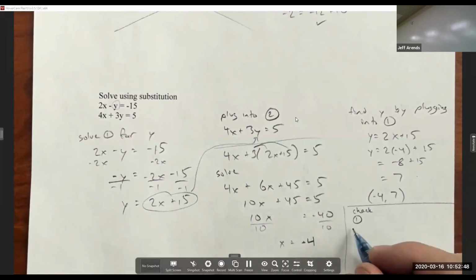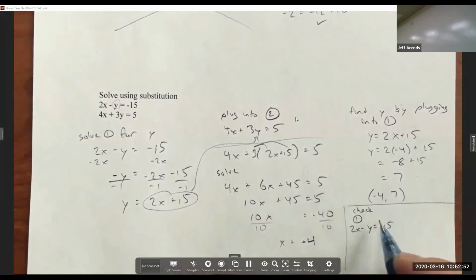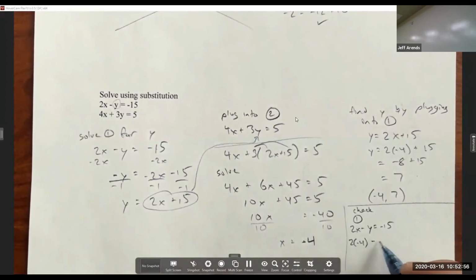So checking with the first equation, that's 2x minus y equals negative 15. When I plug in negative 4 for x and 7 for y, I get negative 8 minus 7 equals negative 15, and that's a true statement.